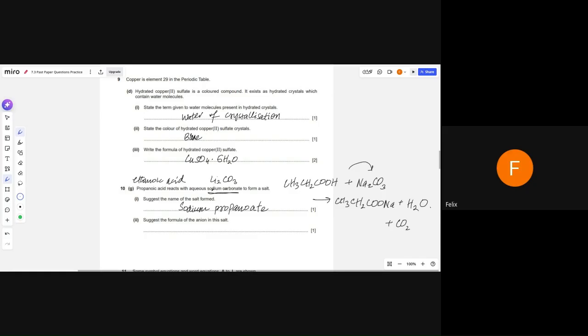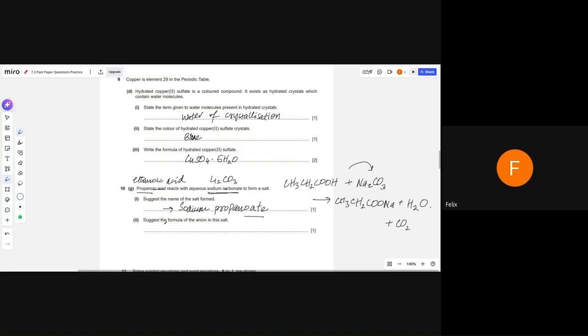The name of the metal from the other reactant is written first. So for sodium carbonate, the salt name starts with sodium, and then whatever the carboxylic acid is, it ends in ATE. You remove IC and acid and just write ATE. I hope this is very clear.